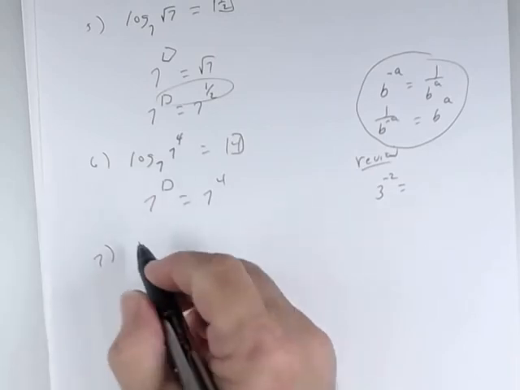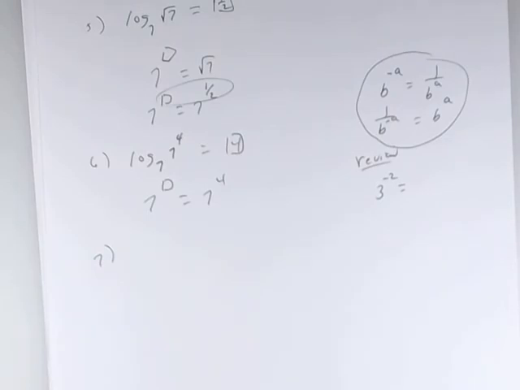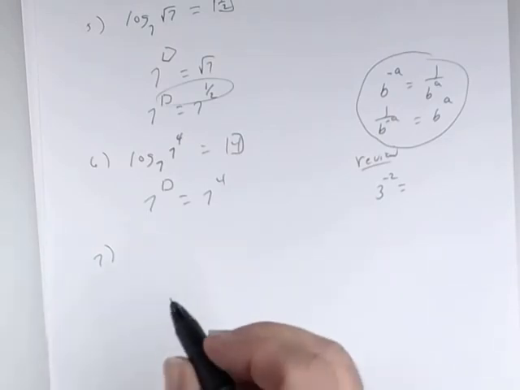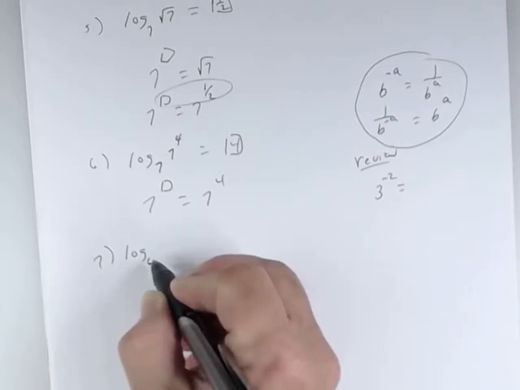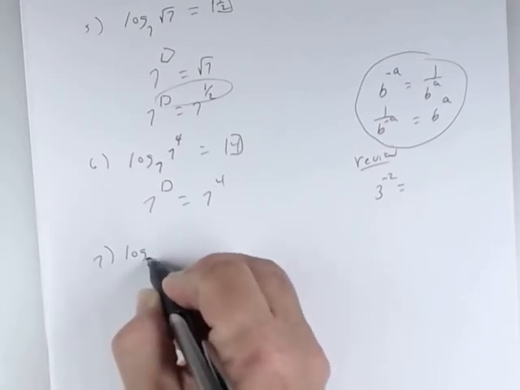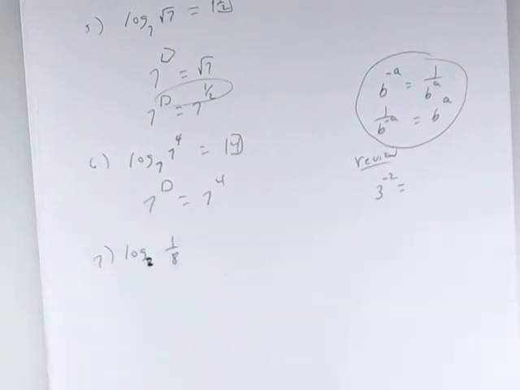Okay, so let's look at this one. All right, let's suppose we had the log base 2 of 1 over 8. That one's a little bit challenging. Think about a lot of stuff you've learned in the past, although you probably forgot 90% of it.